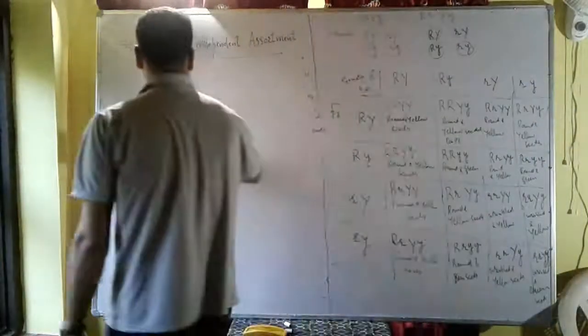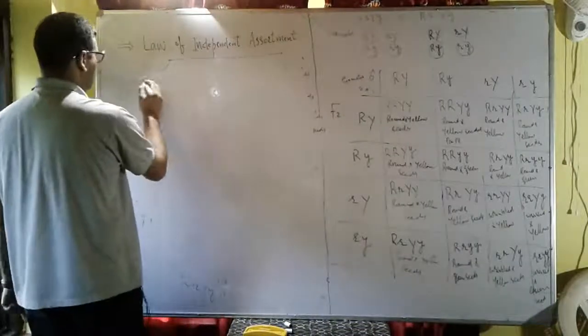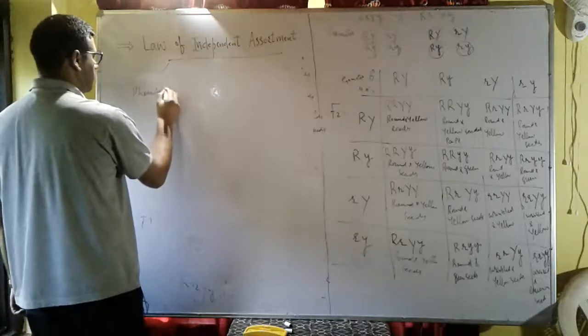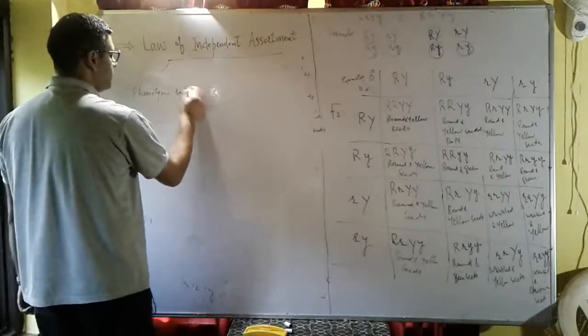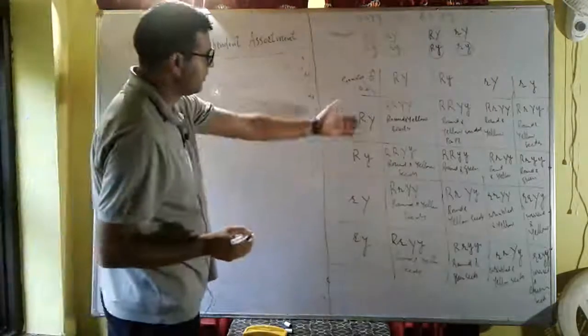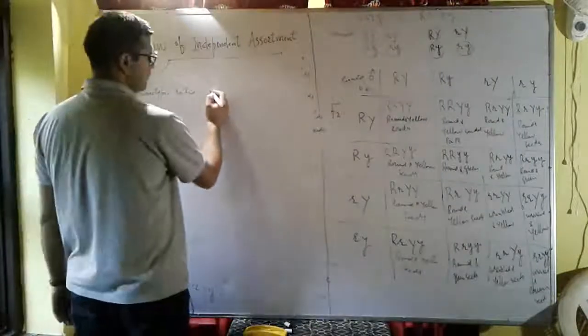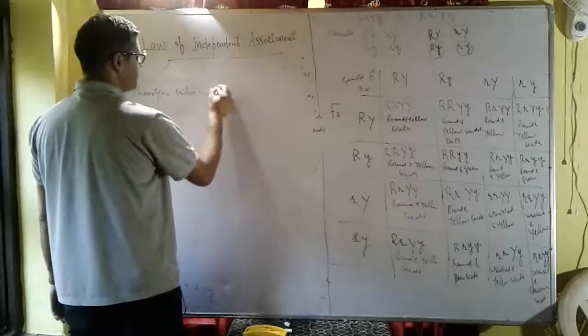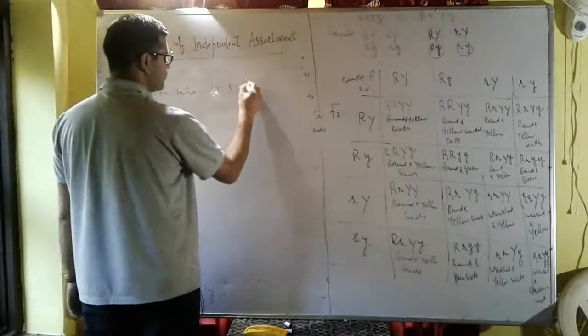So we have the phenotypic ratio. Phenotypic ratio is how many are round and yellow. The phenotypic ratio is 9:3:3:1.